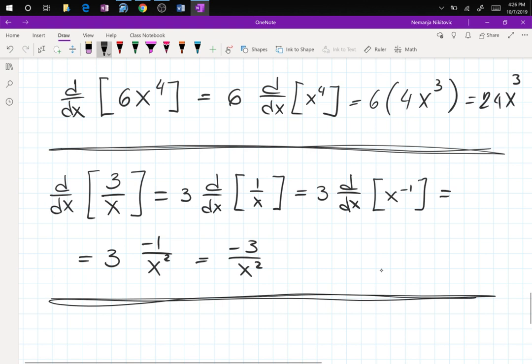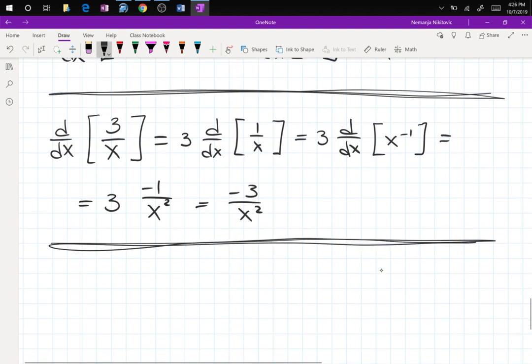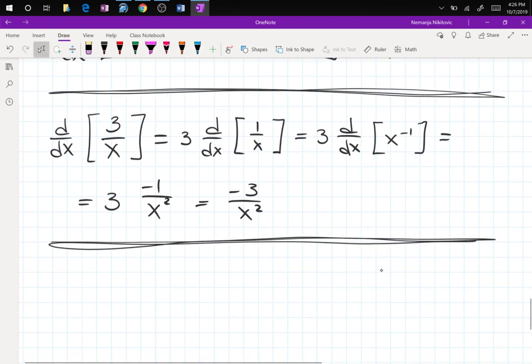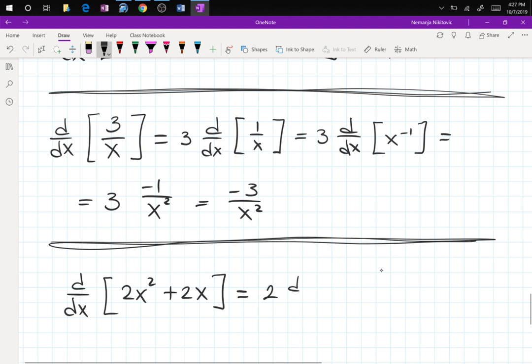Cool? Of course, calculus. So what is the derivative of 2x squared plus 2x? So we kick 2 out, then we have the derivative of x squared, then plus, kick the 2 out, and then we have the derivative of x.